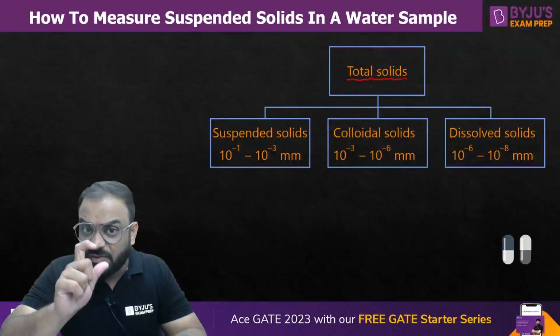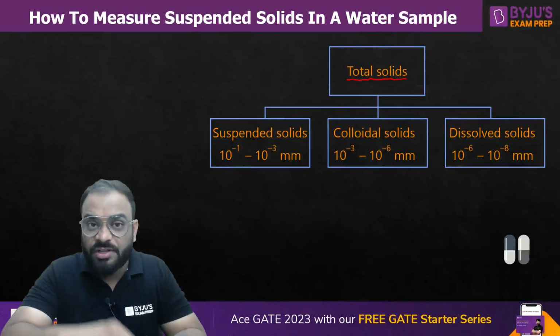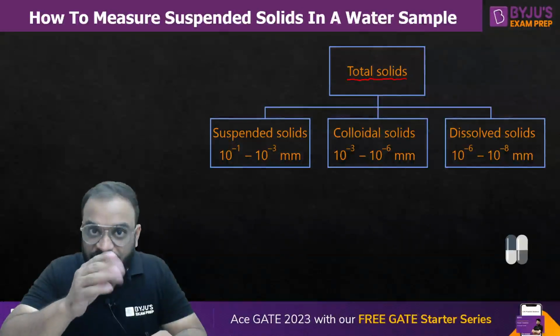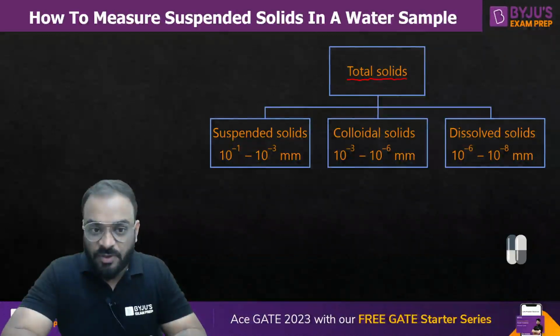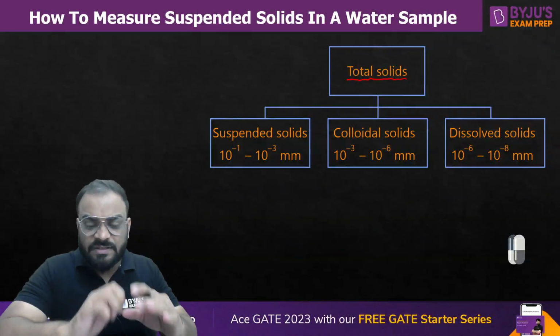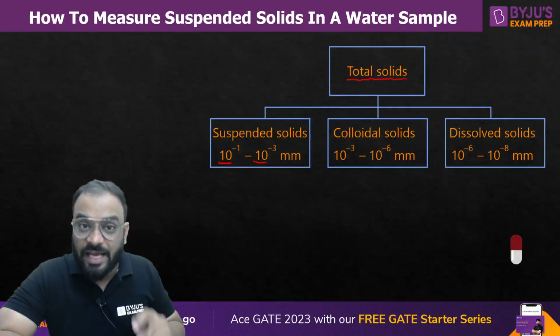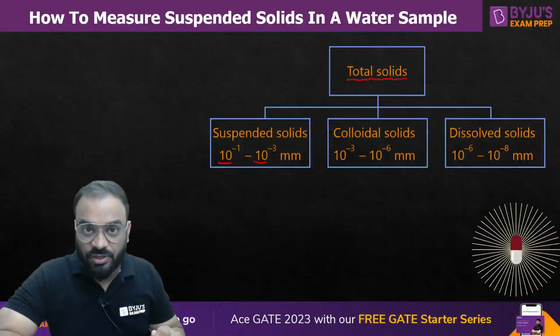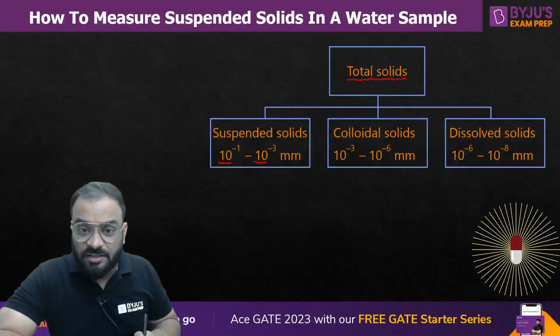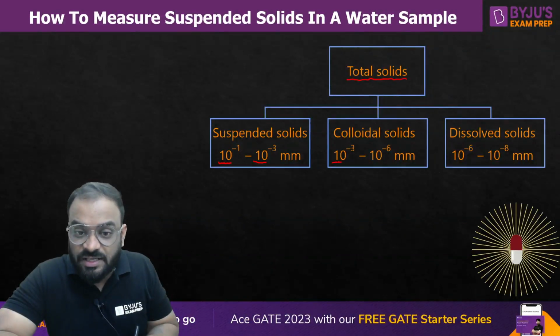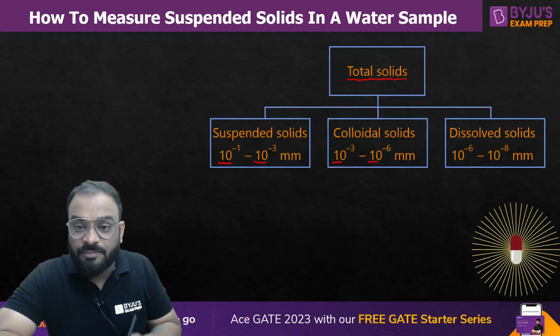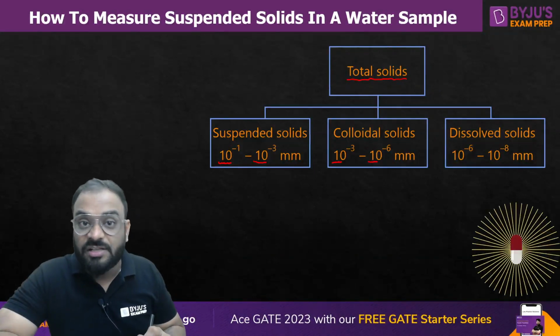But on the basis of size range, you can define whether it is suspended solid, colloidal solid or dissolved solid. As you can see here guys, if the size of particle is lying between 10 raised to power minus 1 to 10 raised to power minus 3 mm, then it is suspended solid. If the size of particle is between 10 raised to power minus 3 to 10 raised to power minus 6 mm, then it is known as colloidal solid.